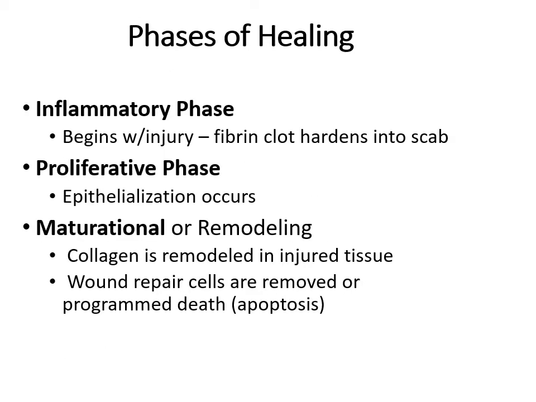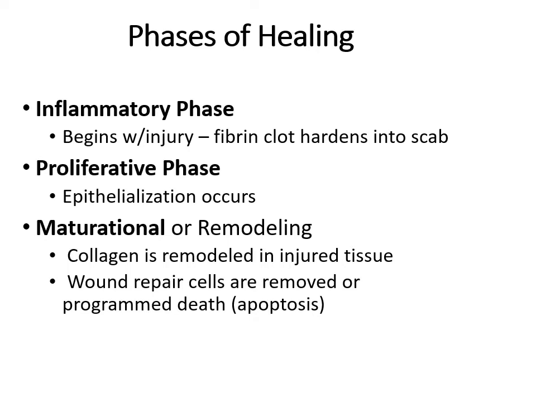Okay, so let's go on and talk about the phases of healing. This is what we spoke about earlier. There's the initial inflammatory phase, where the injury is being addressed with inflammation.